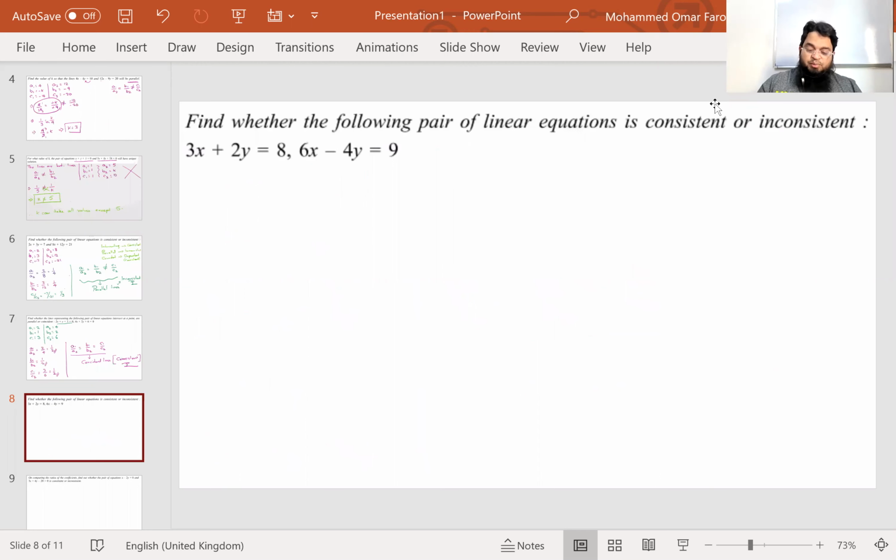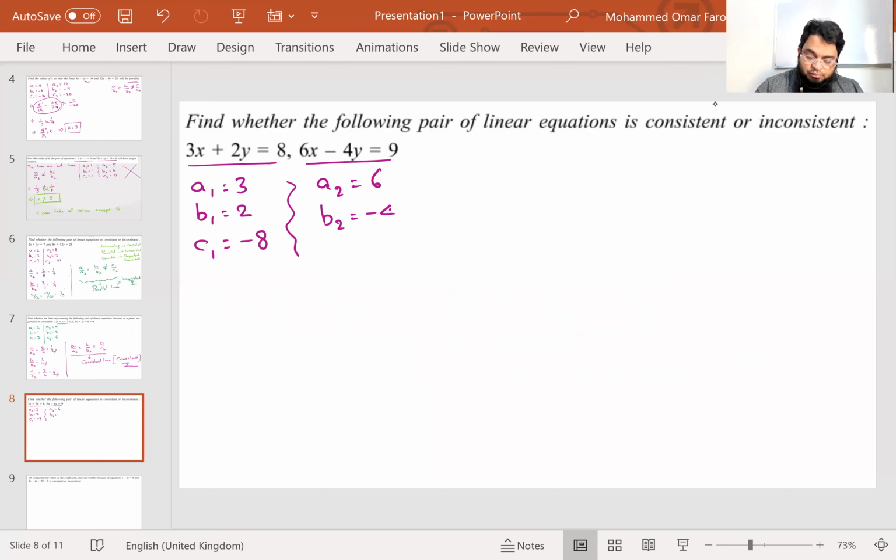Find whether the following pair of linear equations is consistent or inconsistent. It is the same. So let us write a1 is equal to 3, b1 is equal to 2, and c1 equals, since it is on the right hand side, minus 8. Let us go. a2 equals 6, b2 equals minus 4, c2 equals minus 9.